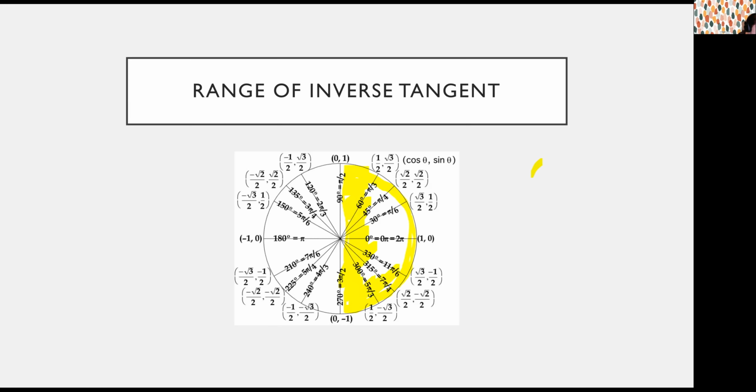Oops, my highlighting is not that great. I keep getting caught on my cord. So the pi over 2 and negative pi over 2, which is the same as 3 pi over 2, are not included in our inverse here. But everything else on the right side is included.